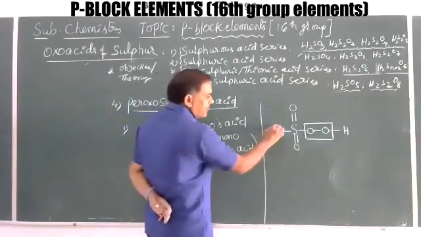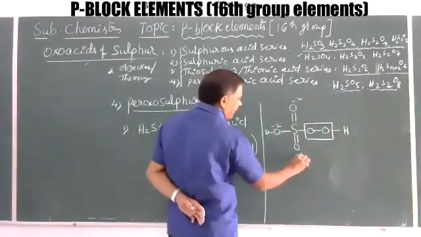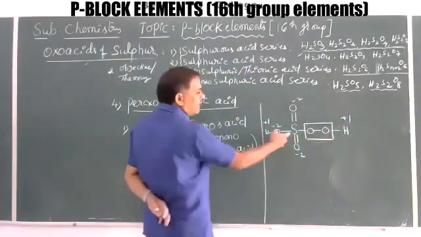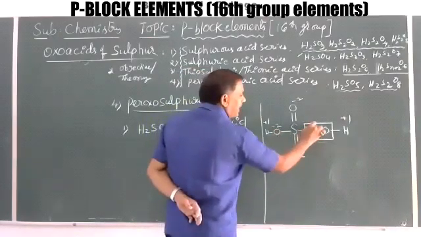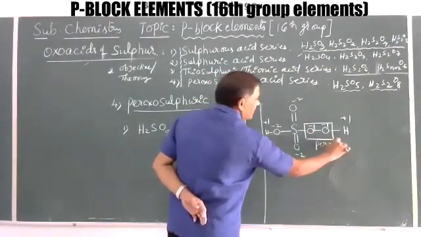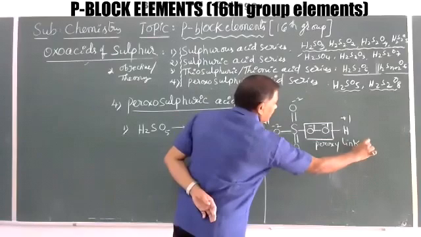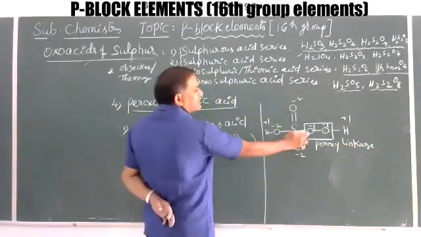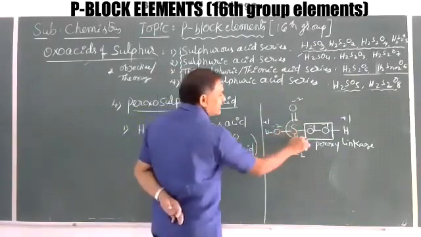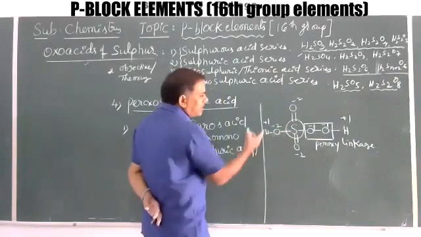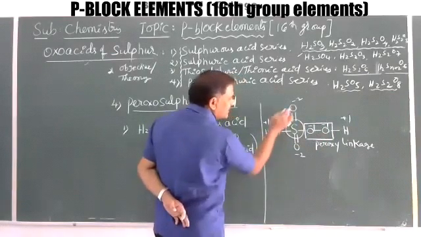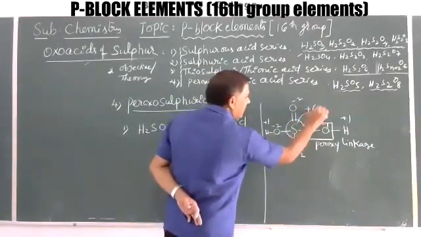So here this oxygen is -2, and here -2. The hydrogen is +1, hydrogen is +1. Only one sulfur is there. But here -1 and -1, this is a peroxy linkage. In this peroxy linkage, oxygen has a -1 oxidation state only. So finally this sulfur, in this peroxo compound, has the oxidation state: +1 and +1, -1 and -1 get cancelled, -2, -2, that's why it has a +6 oxidation state.